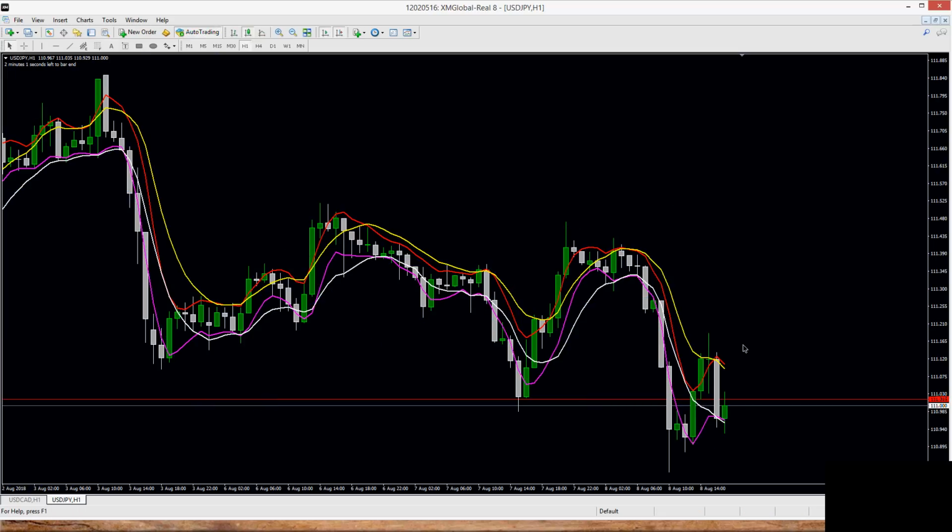Let's delete the Bollinger Bands for now. If we delete the Bollinger Bands, as you can see, all of the candles are moving in between Mahi and Malo. The market is traveling from Mahi to Malo. That's how the market is trying to move.